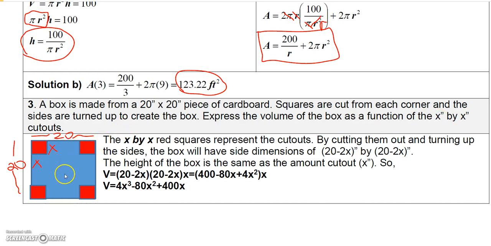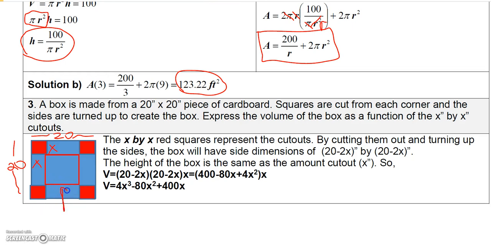So now what I need to do is let's think about what the base of the box will look like if I cut these squares out and then fold the sides up. So if I cut the squares out and fold the sides up, the base of the square would look something like this. And then that would make the dimension of each side of the square.